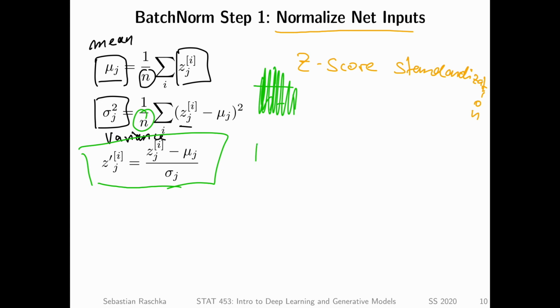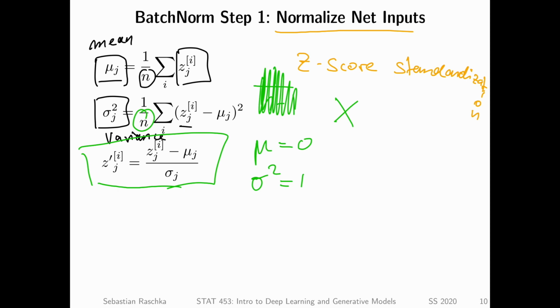So this again will result in net inputs centered at 0 with unit variance after the standardization. It's pretty much the same that we did for the inputs. So the axis, the network inputs, not the layer inputs. But I told you before, normalizing every hidden layer like this, or normalizing the net inputs like this at every hidden layer wouldn't be very useful.